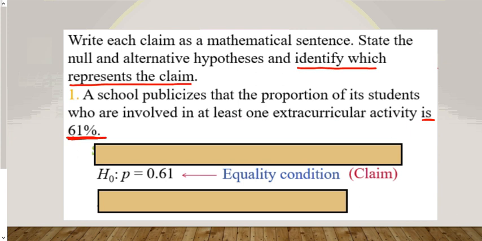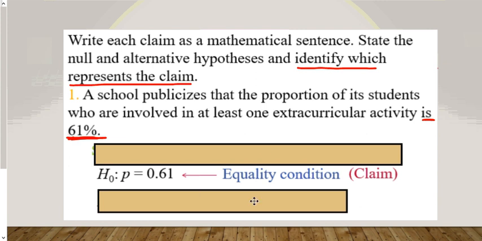So the thing we need to focus on here is that they're telling us it is 61%. Now, if our null hypothesis is that it is 61%, think about the logical opposite of 61%. Is it less than 61%? Is it more than 61%? Is it not 61%? Yes, that's exactly what it is.